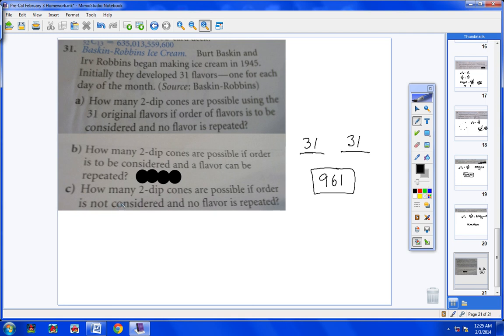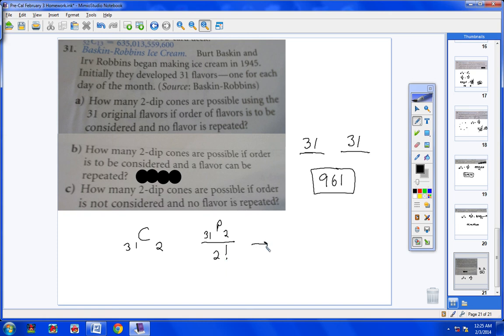And now let's take a look at letter C. How many 2-dip cones are possible? Look at this. If order is not considered, so order doesn't matter, and no flavor is repeated. So no flavor is repeated, okay? So I'm going to be doing combinations. I have a group of 31 flavors, and I want to find out how many sets of 2 I can pull out of that group of 31. Well, we know how to do it. It's going to be permutations of 2 out of a group of 31 over 2 factorial.